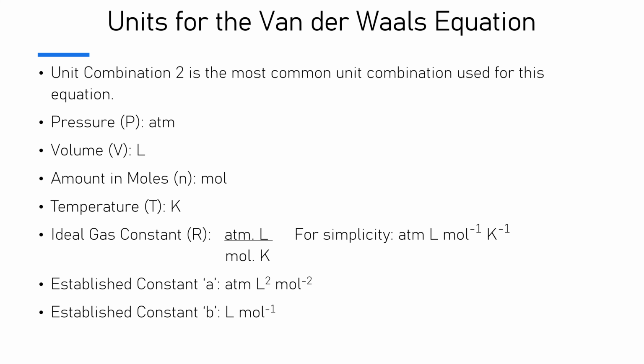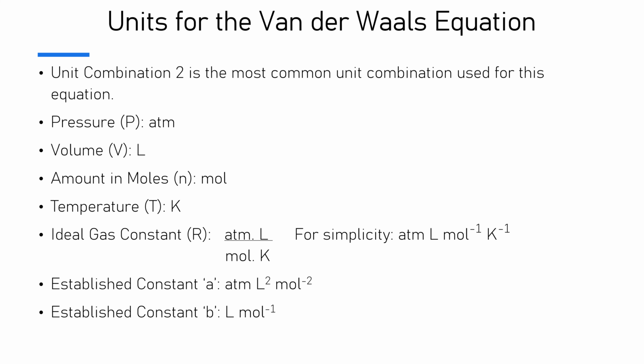I have seen one or two examples where a sort of hybrid of unit combination 1 and unit combination 2 is used, where the ideal gas constant from unit combination 1 is used, but everything else is expressed using units from unit combination 2. I personally don't like that approach. It's not that common. Most questions require the consistent use of the same unit combination from start to end, and I'm going to keep things nice and consistent in this part of the video and just use unit combination 2.